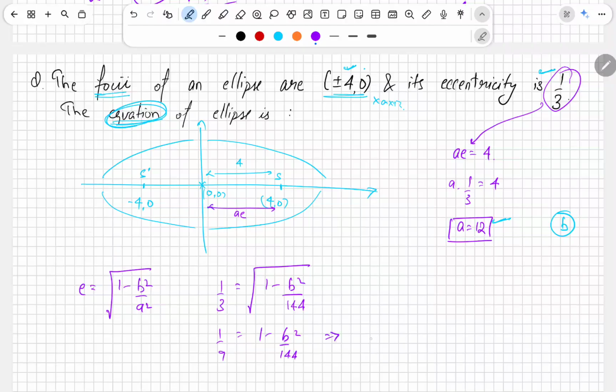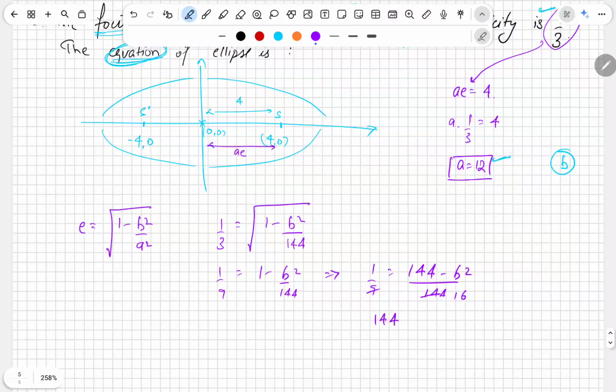So this implies 1 by 9 equals 144 minus b square upon 144. Cancel with 9, I'll get 16. So I'll get 144 minus b square equals 16. Taking this over here, b square is 144 minus 16, that is equal to 128.